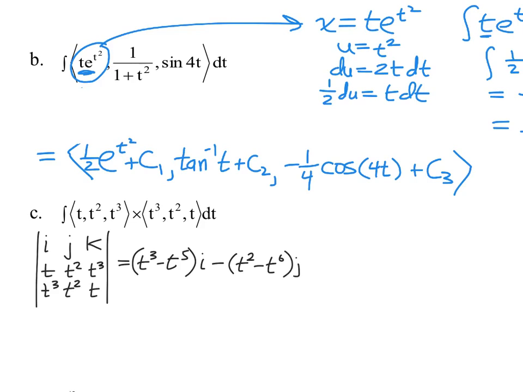And the k part, t cubed minus t to the 5th. All right, so we're anti-differentiating that, but after I found the cross product, it's really not that bad because it's the reverse of the power rule for each part.